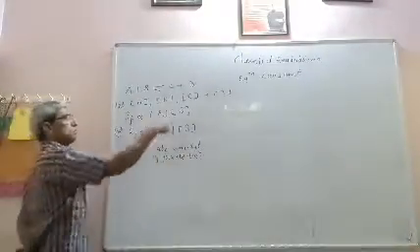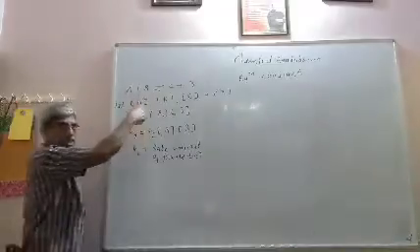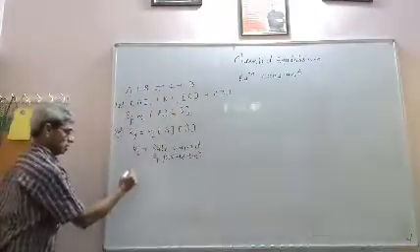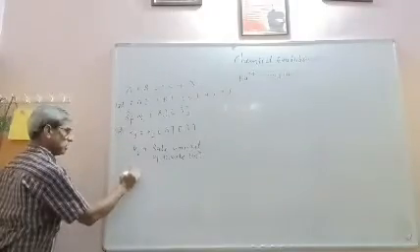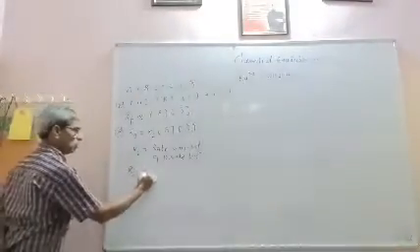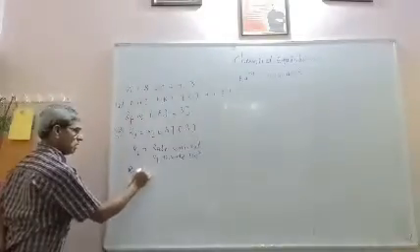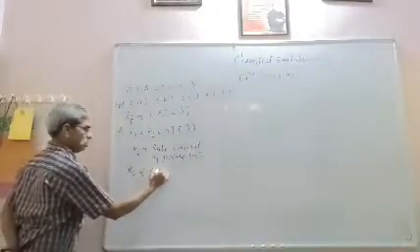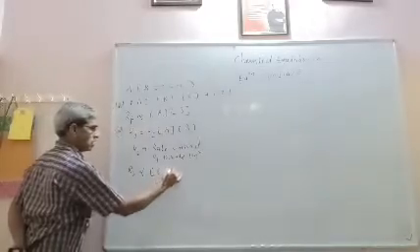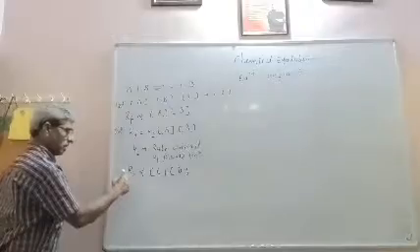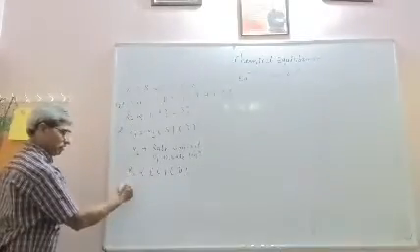Similarly, apply the law of mass action to the backward reaction. In the backward reaction, C and D are the reactants, and therefore RB is directly proportional to the active mass of C into the active mass of D, where RB is nothing but the rate of backward reaction.